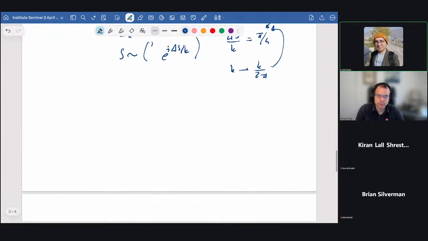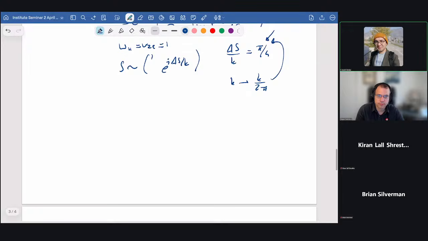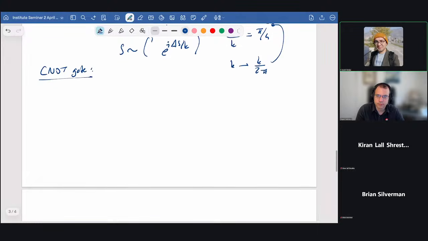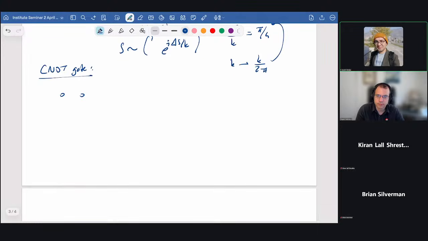Okay, let's construct the CNOT gate. And for that, we may have the following multiway system: 4x4, 4 inwards and 4 outwards. Let's construct such a connection structure.